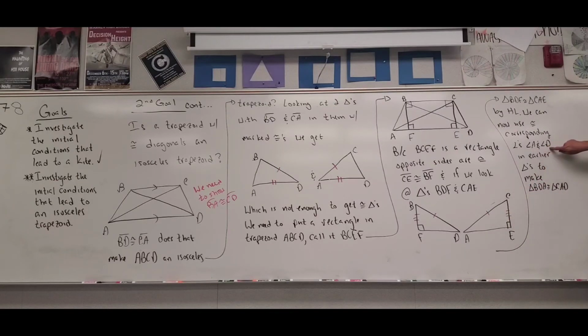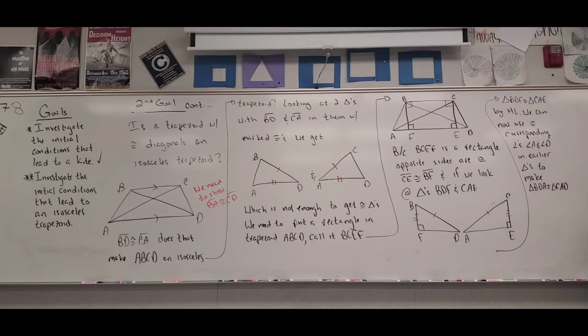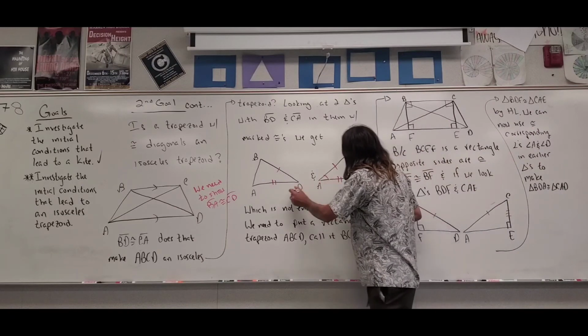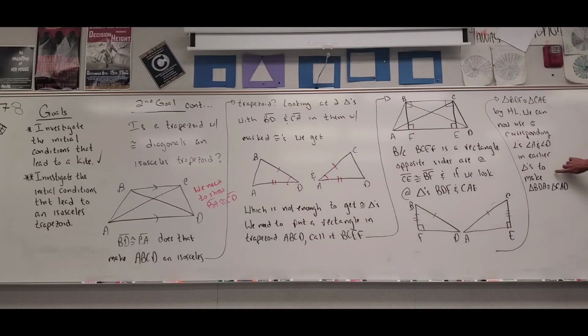So angle A and angle D are congruent because they're congruent corresponding parts. And so if we add that congruence to this, we now have triangle BDA congruent to triangle CAD by side angle side.